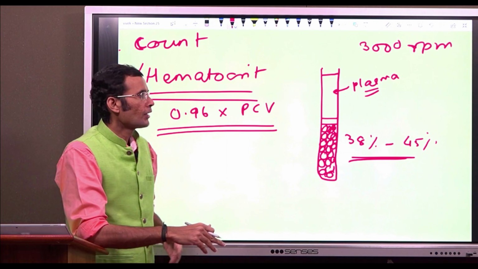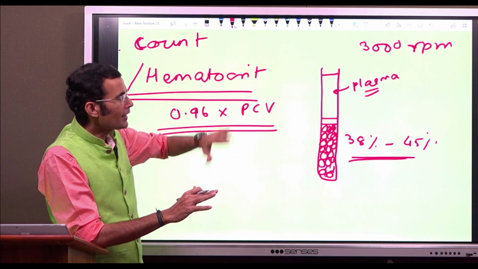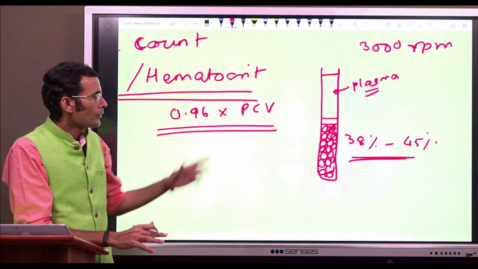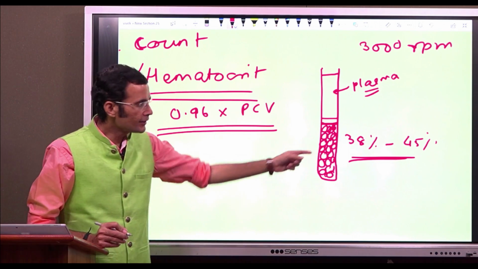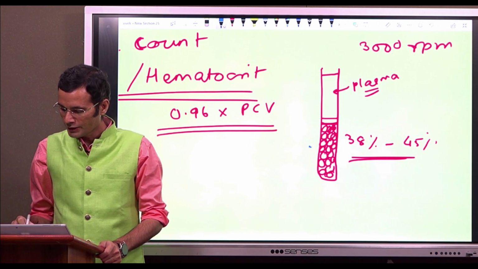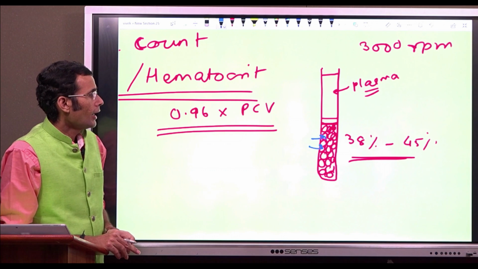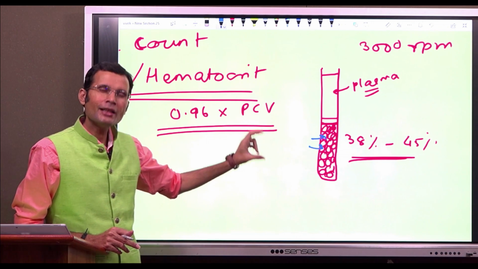howsoever we try, even with ideal conditions, the cells and the plasma are not completely separated. It means some amount of plasma is still entrapped among and between the cells, and therefore the value that we are obtaining is slightly higher.